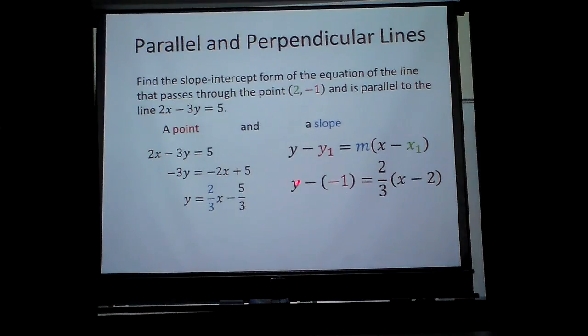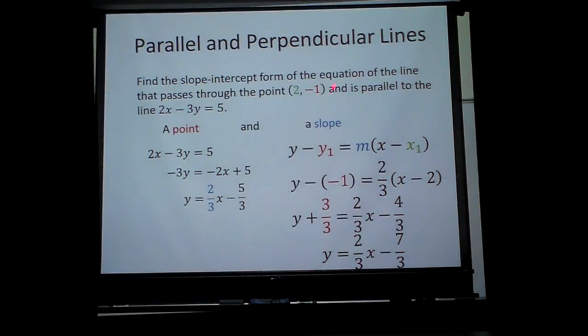Then multiply it. y minus -1 is the same as y plus 1, which I made 3/3 so we'd have a common denominator. 2/3 times x is 2/3 x, and 2/3 minus 2 is -4/3. Now I need to subtract 3/3 from each side, which gives me y equals 2/3 x minus 7/3. So I just found the parallel line that goes through the point (2, -1) for that equation.